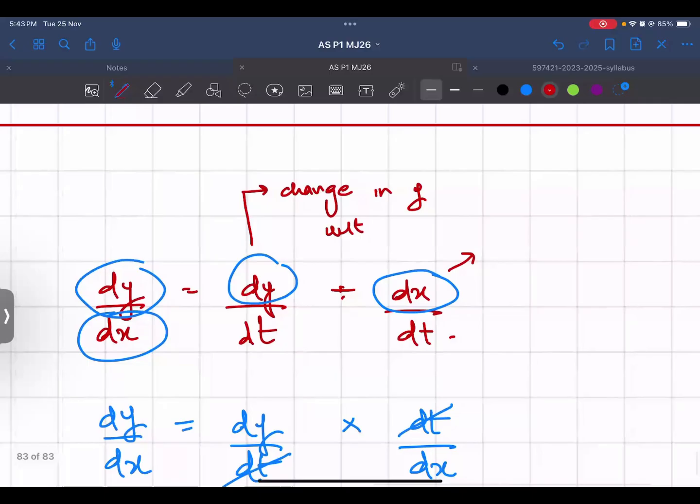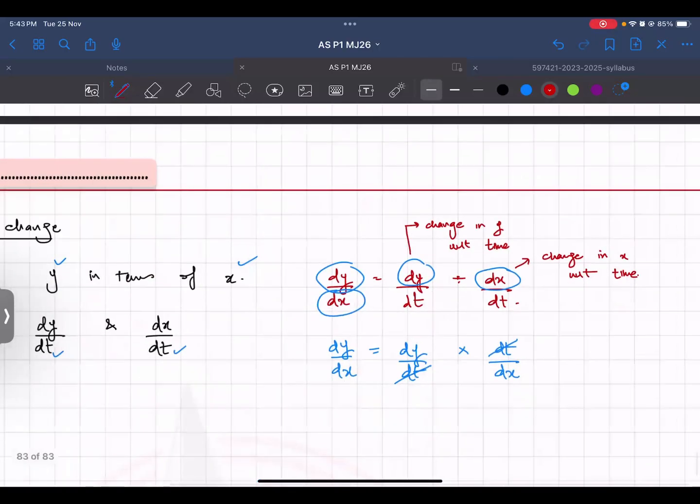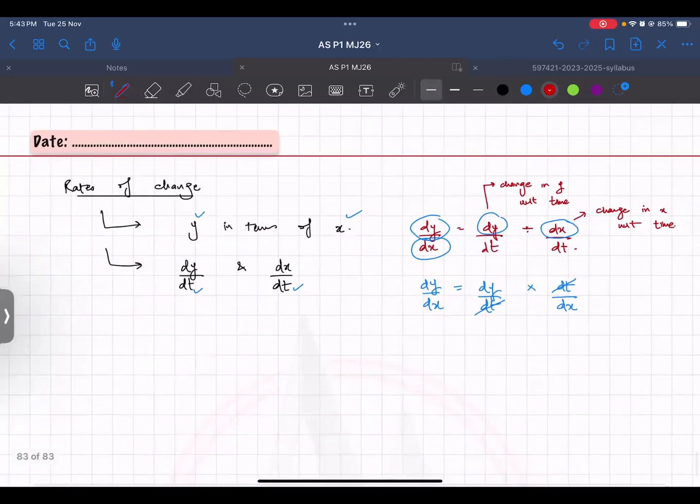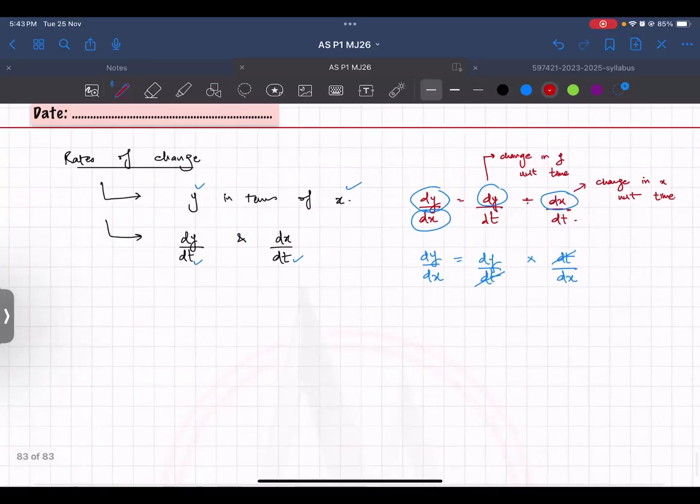And this would also be change in x with respect to time, which can also be said to be the speed, isn't it? Change in displacement, change in the value, or the coordinate in y with respect to time. So speed of y or speed of x, isn't it? Something like that as well, if you want to understand.